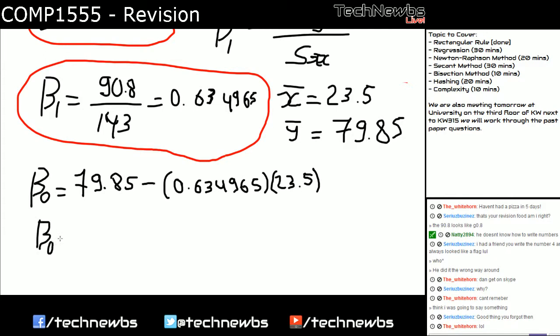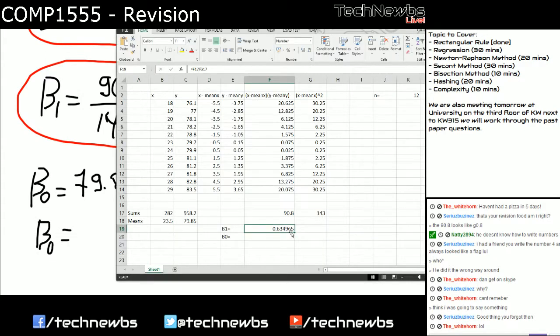So beta 0 would come up to be the mean of y minus b1 times mean of x, and you get 64.9283168. Actually, let's use all the value.